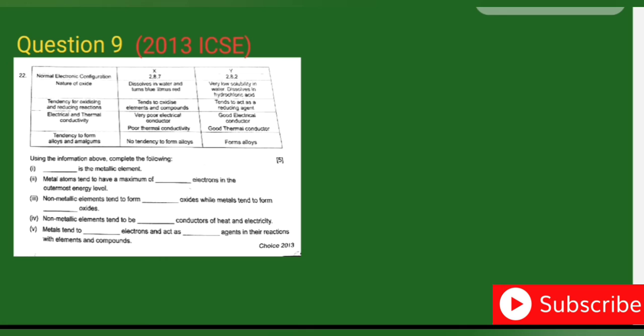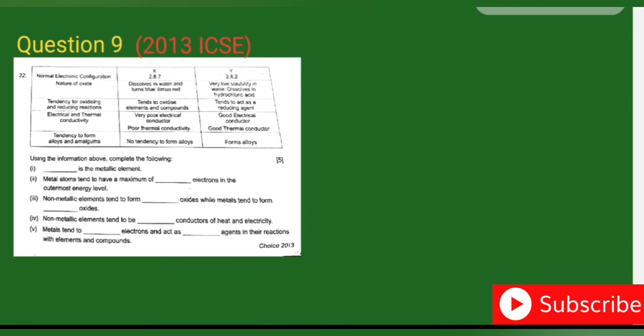Now question number 9, from 2013. Using the information above, Y is the metallic element, given that it dissolves in water and turns blue litmus red. You can see clearly from here the electronic configurations 2, 8, 7 and 2, 8, 2.